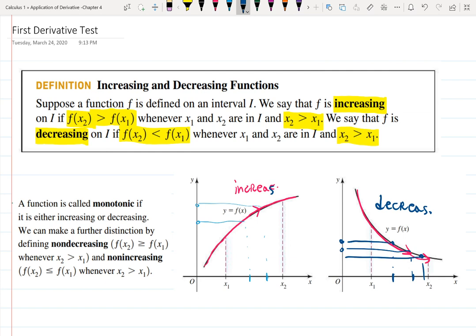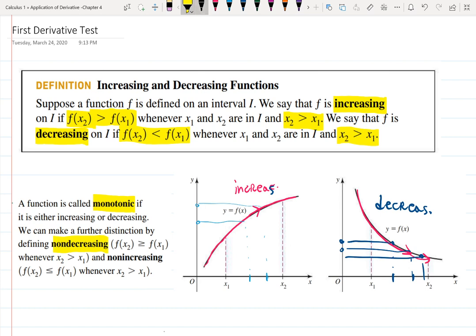Too much writing sometimes. Also, if a function is either increasing all the time or decreasing all the time, it's called monotonic. You heard this word before: monotonic behavior means it doesn't change. It just goes up all the time or goes down all the time. And we can also make the claim that it's non-decreasing.